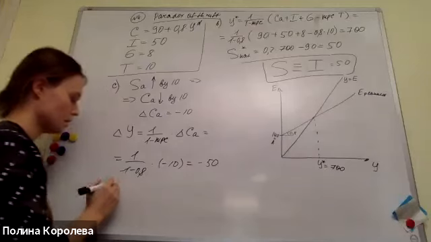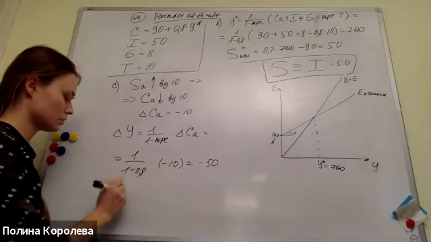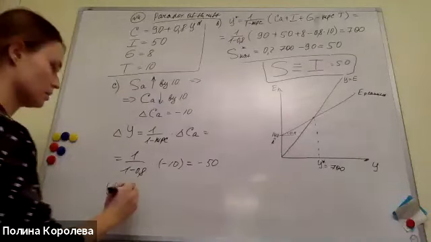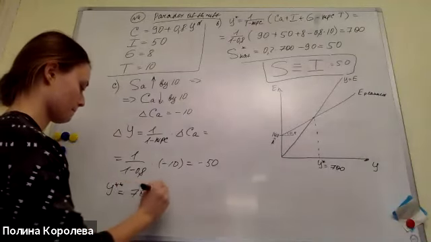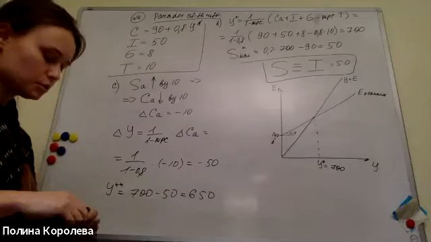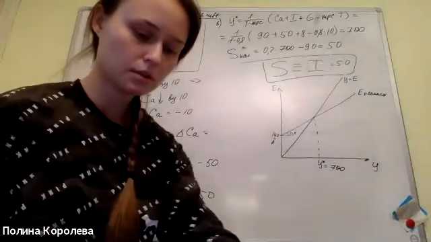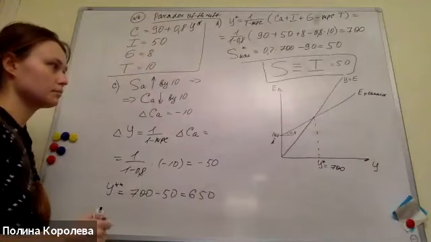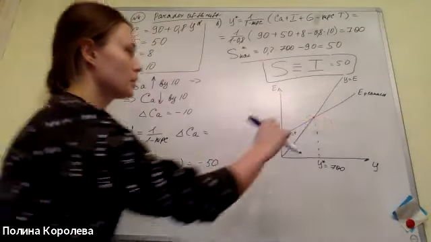By 50. And new equilibrium GDP is 750. How to draw it on the graph?